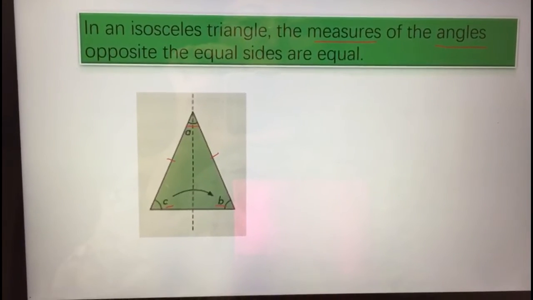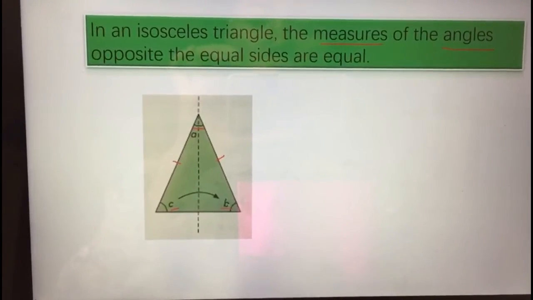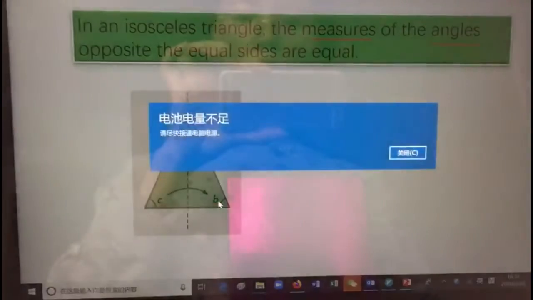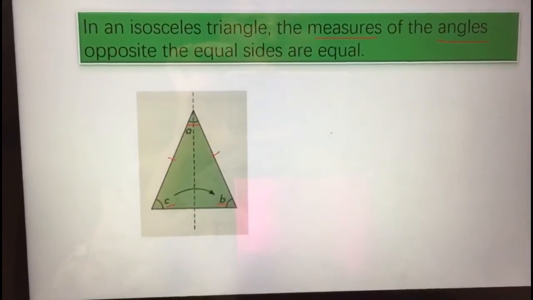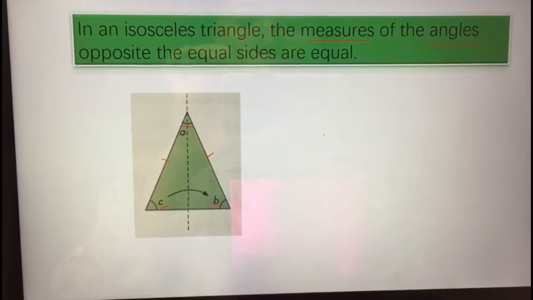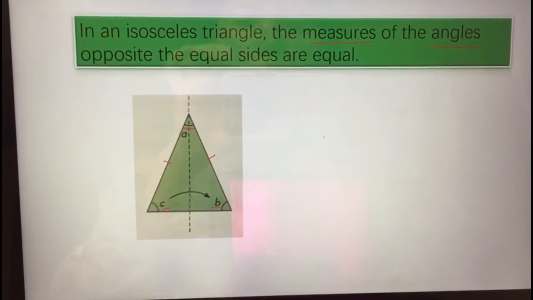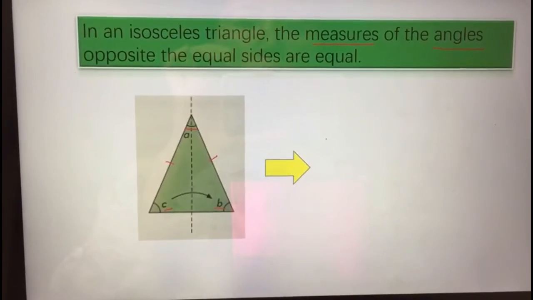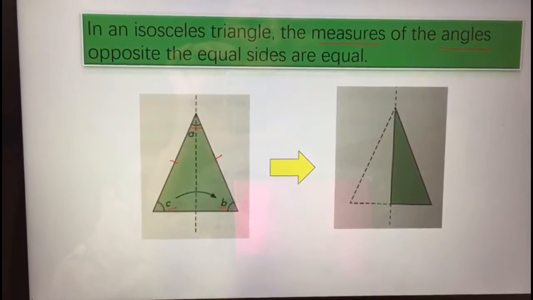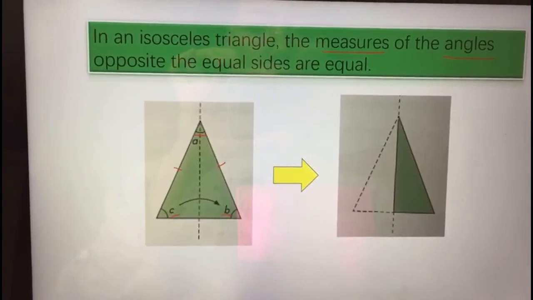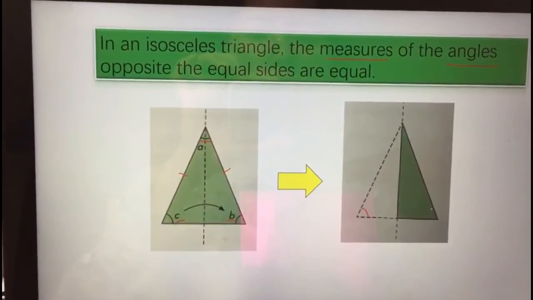So it is saying that angle C and angle B are equal. Sorry. Before we learn more properties of triangles and angles, we can fold it in the middle and find out that these two parts are symmetrical and these two angles are equal.